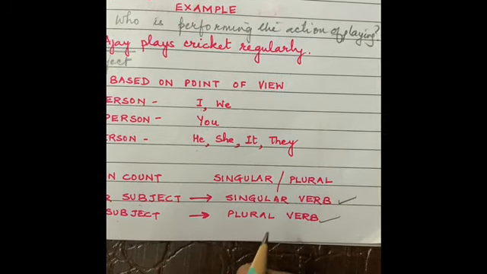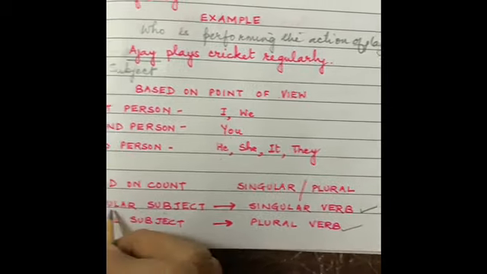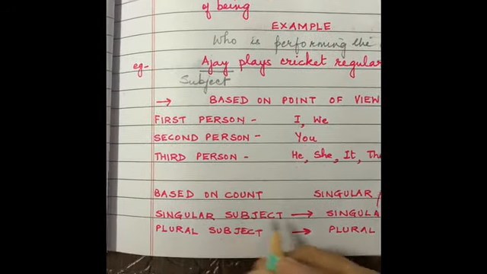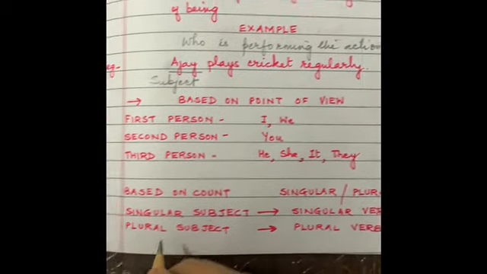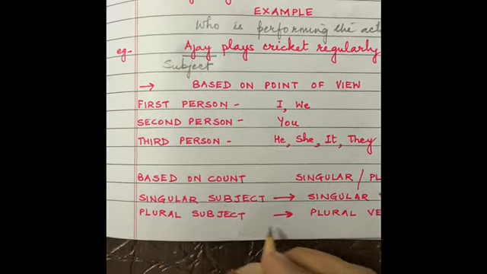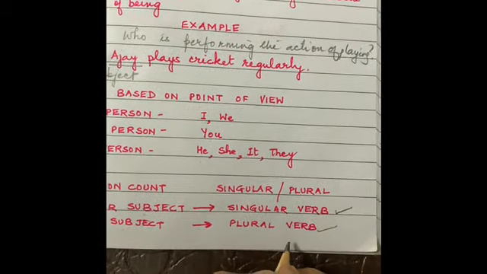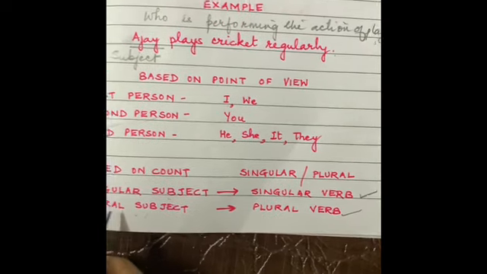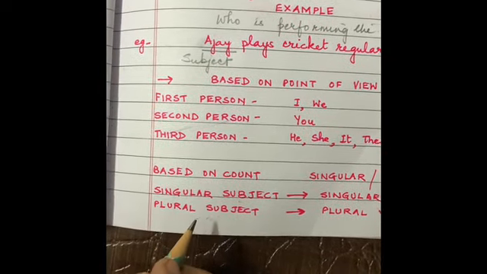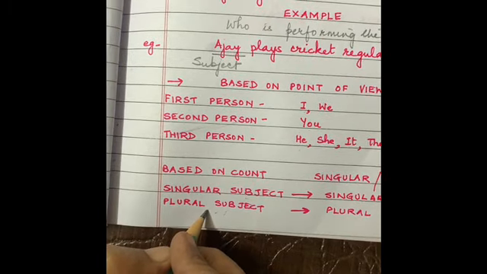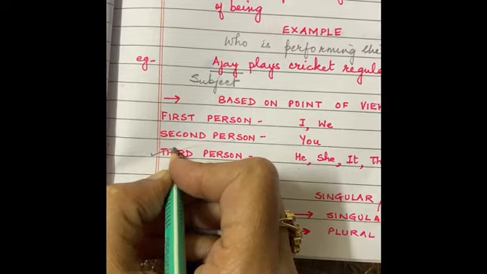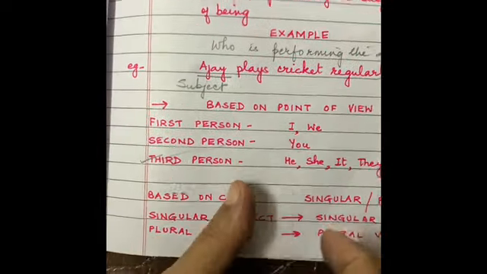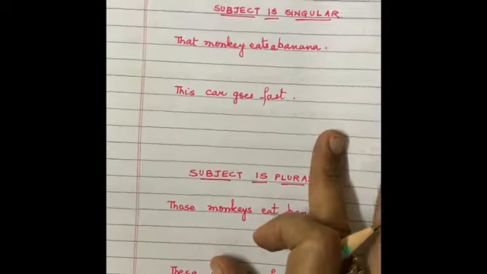I will repeat it again. The singular subject must have singular verb and plural subject must have plural verb. But please note, this statement holds true only when the subject is in the third person. Now let's look into examples to make things clear.